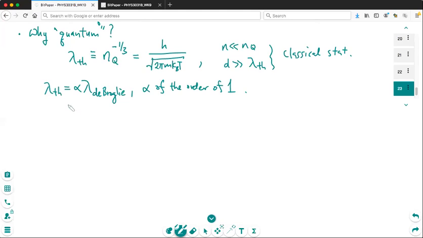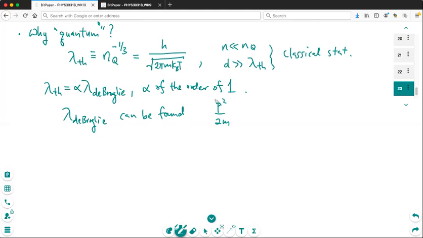Okay, and very quickly, how do you find this de Broglie wavelength? It can be found like this. You first write down the kinetic energy.